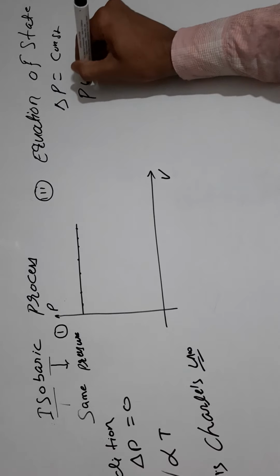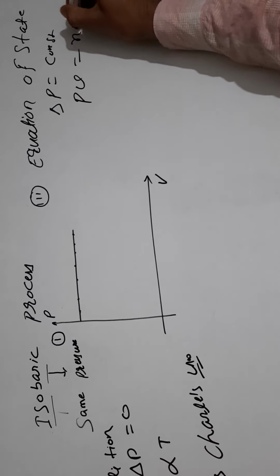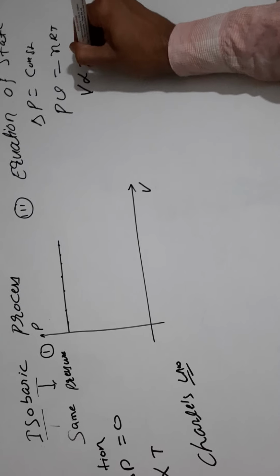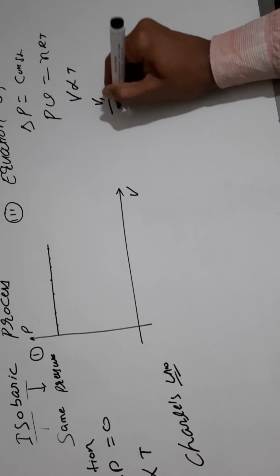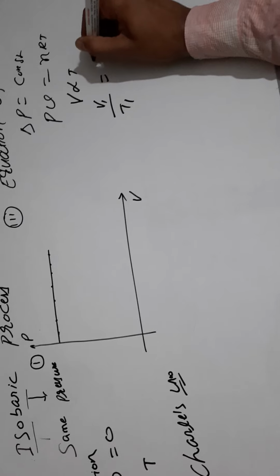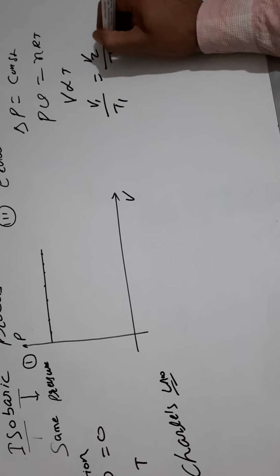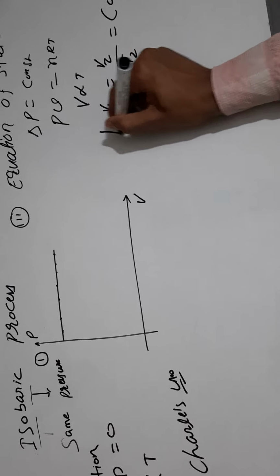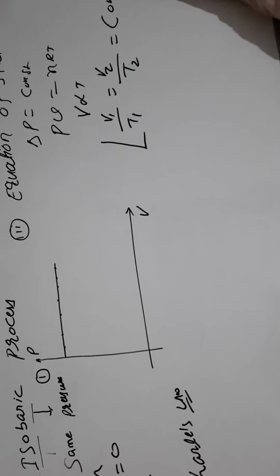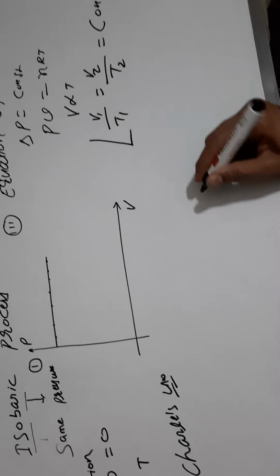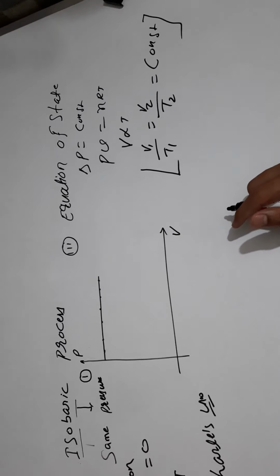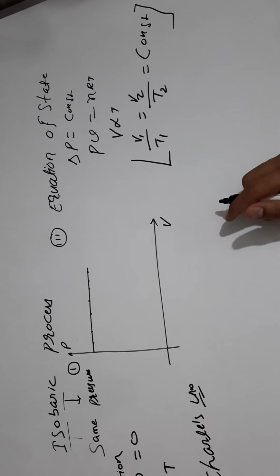If P is constant, PV equals nRT, so you can say volume is proportional to T, or V1 by T1 is equal to V2 by T2 is equal to constant. This is the third thing which we have done for the isobaric process.